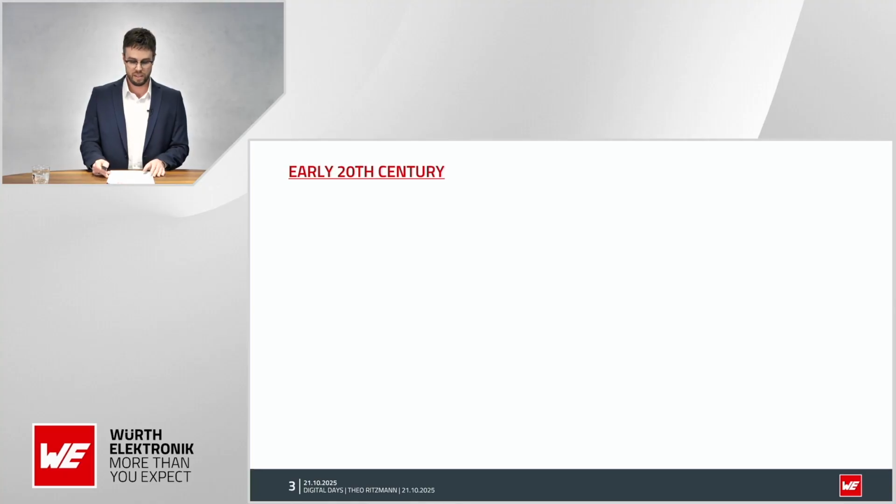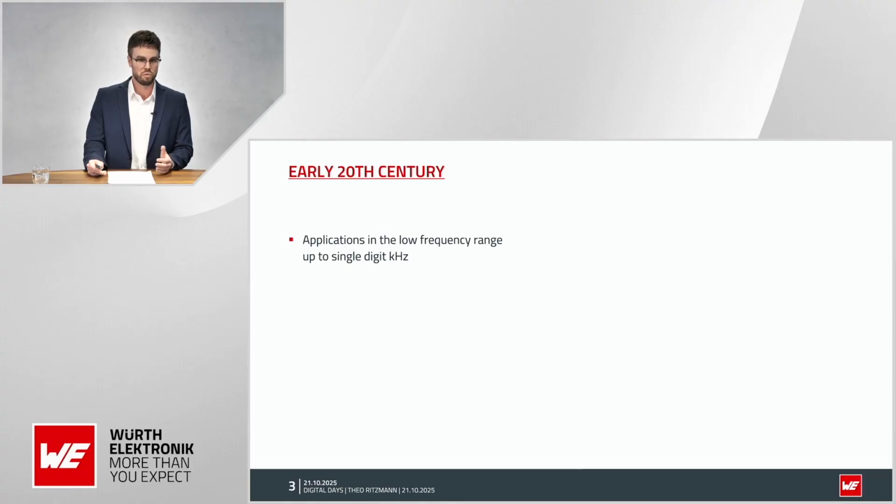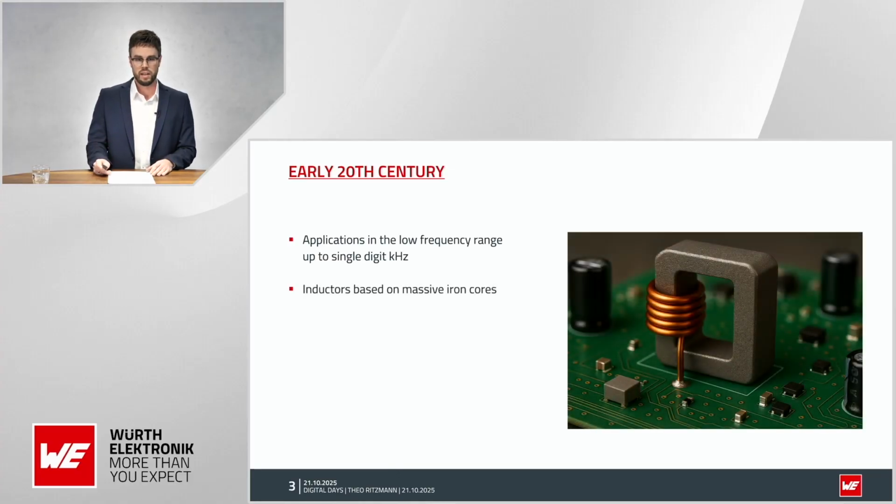So, as said, let's start in the early 20th century. Back in these days, the applications including power inductors were mainly in the low frequency range. So we are talking here about mains power supply or some filter chokes in the single-digit kilohertz range. And the inductors or transformers used for these kinds of applications were based on really massive iron cores.